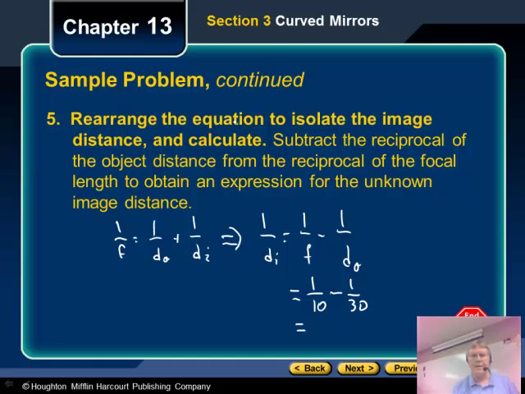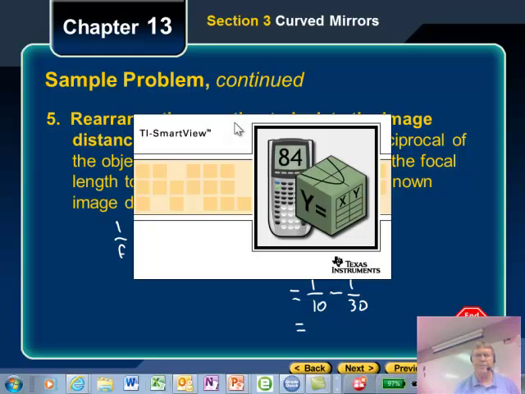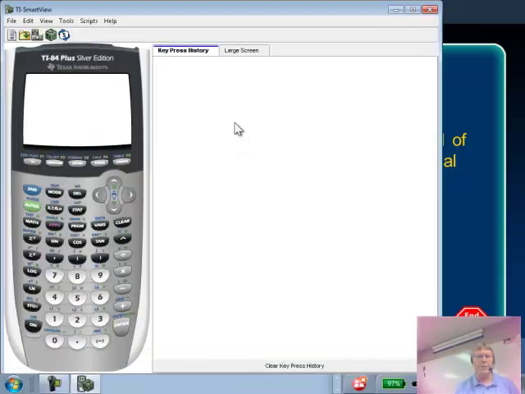All right, so let's take a look at solving this problem using our calculator. You'll notice we have two reciprocals there, and you do have a reciprocal key. On the TIs, it's x to the minus 1. On some other calculators, it might say 1 over x. There may be some different ways of stating it, but basically x to the minus 1 means 1 over.